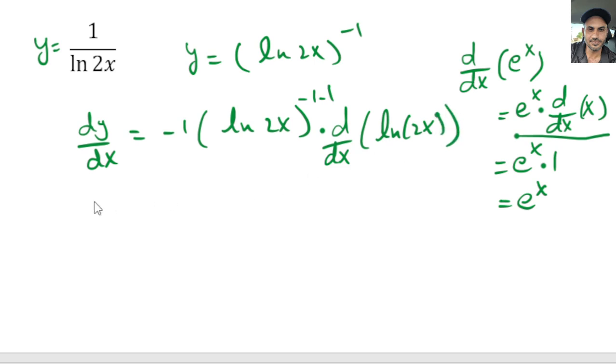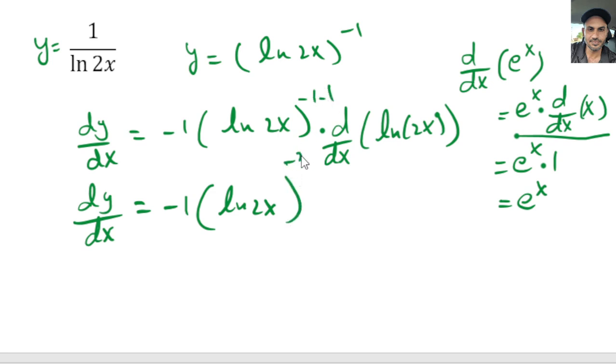So now we have dy over dx equals negative 1 times ln of 2x to the negative 2, times the derivative d over dx, which is differentiating ln of 2x with respect to x.